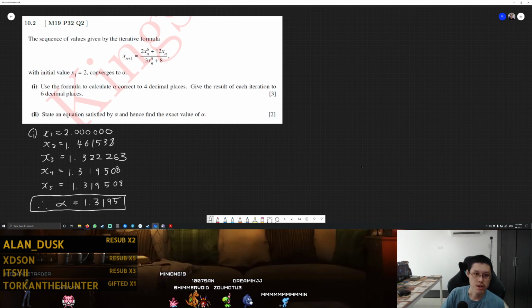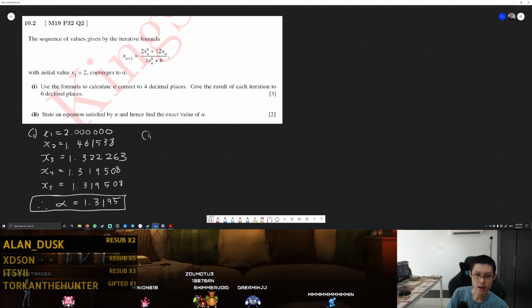And then part 2, state an equation satisfied by alpha, and hence find the exact value of alpha.